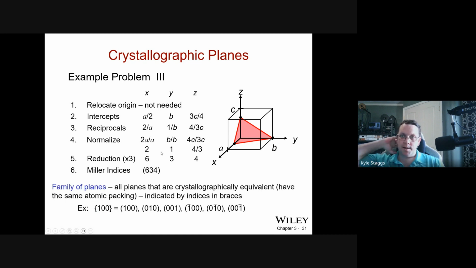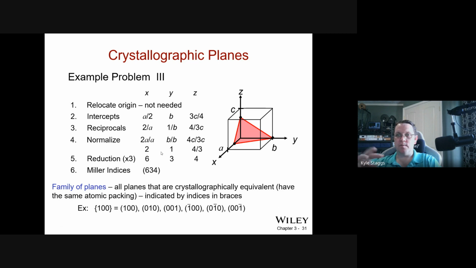So the things that are crystallographically equivalent are these. So there's a whole group: 1, 0, 0, 0, 1, 0, 0, 0, 1, minus 1, 0, 0.